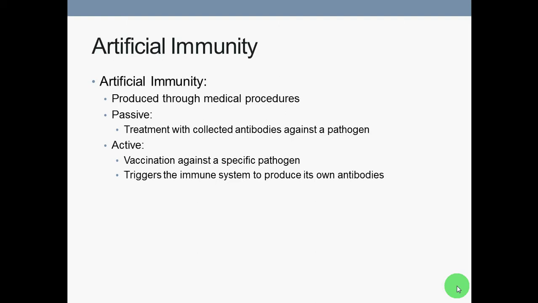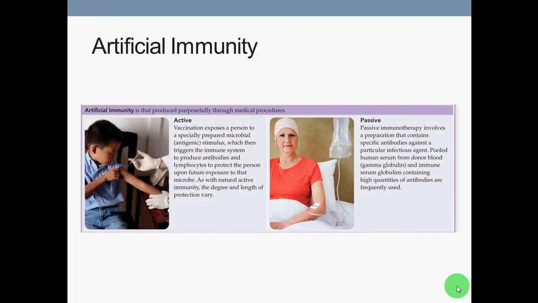It's somebody else's antibodies that are doing it. But in vaccination, the point is to get your immune system to fight off the infection. So active would be your vaccination strategies to stimulate your own immune system. Passive, however, would be a transfusion, for example, with somebody else's antibodies.